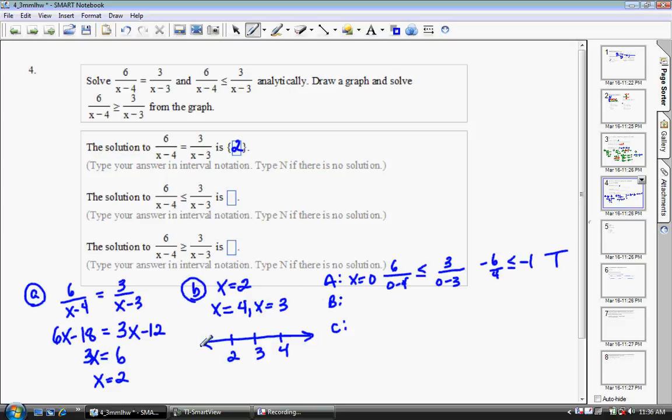Now in region B, we're going to have to choose something. Let me see, this is A, B, C. Actually, we have D. Okay. Region B, we need something between the 2 and the 3, so maybe 2.5. So it's 6 over 2.5 minus 4 less than or equal to 3 over 2.5 minus 3. So what do we get for that one?